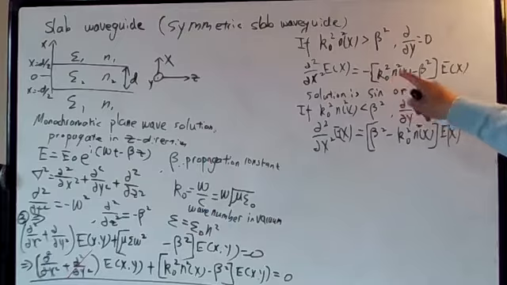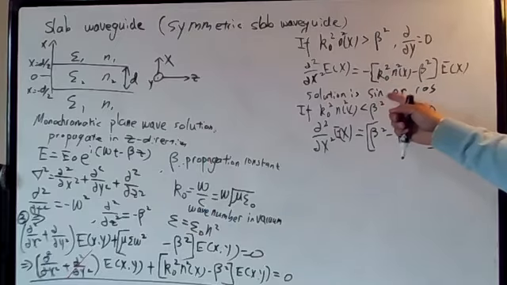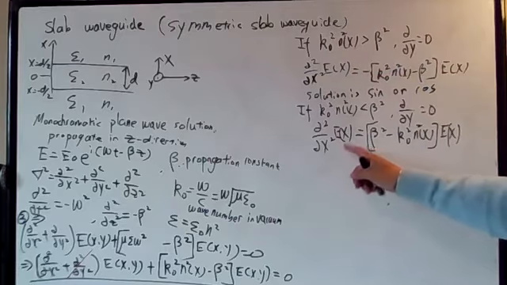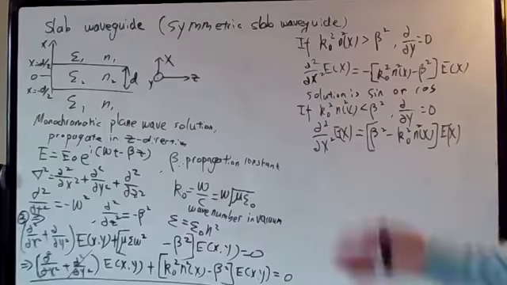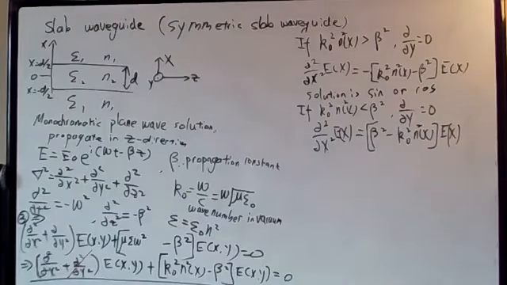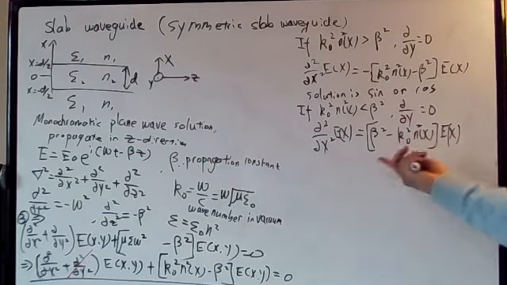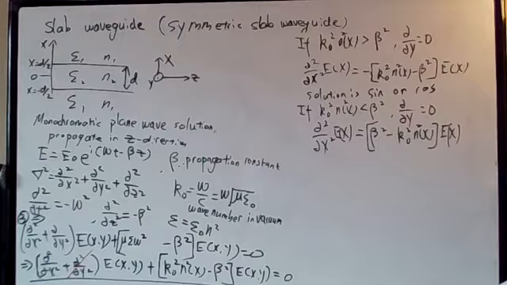So can you think of what kind of function? Previously, it was sine or cosine ax, because the second derivative would give us a negative. But now we want the second derivative to be a positive coefficient times the function itself. Can you think of what function X could be?